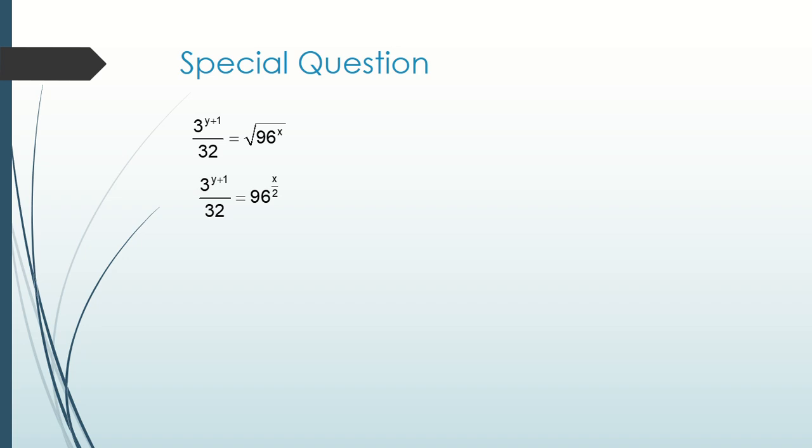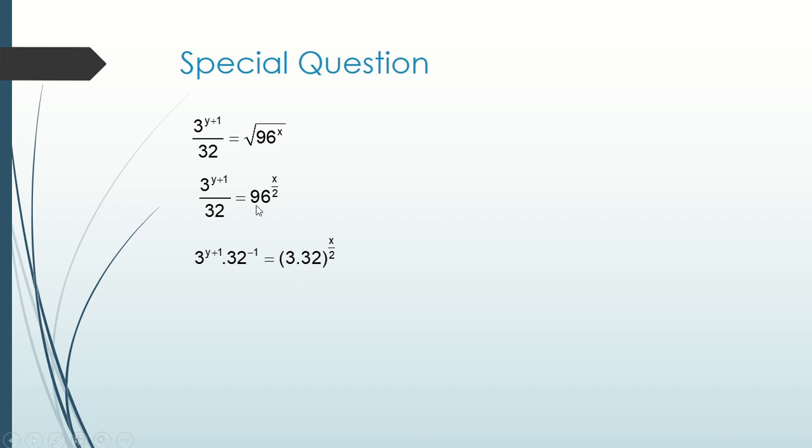So that's why we have 96 to the power x over 2. I also brought this 32 to the numerator, that is why instead of having exponent 1, now we have exponent negative 1.